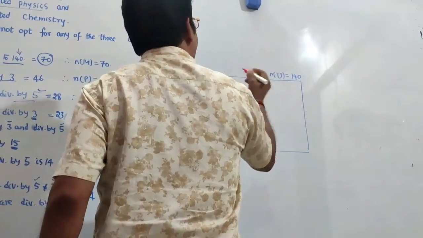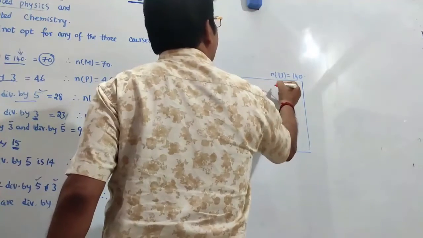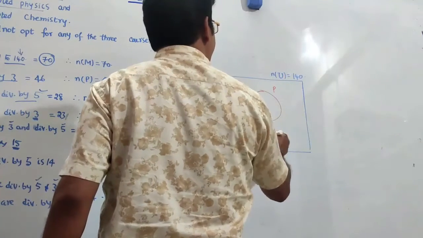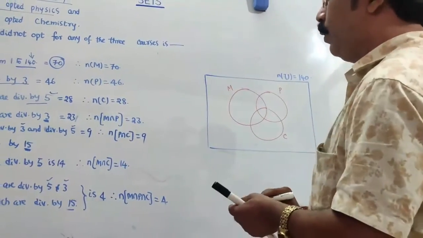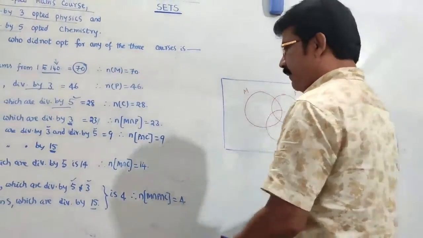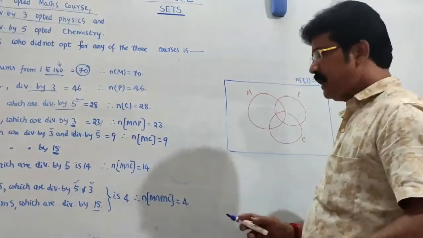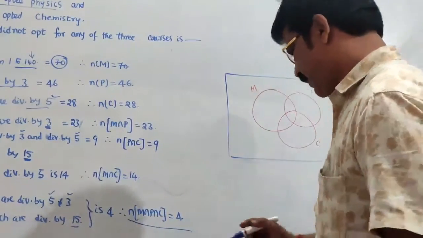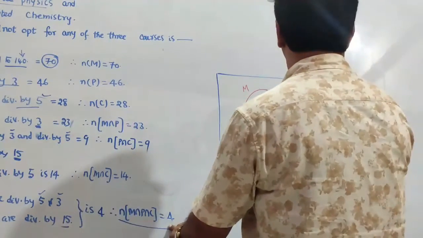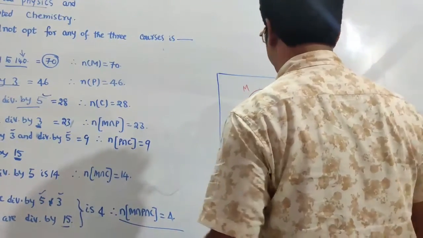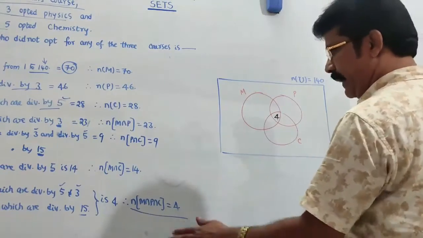This is mathematics, physics, chemistry. MPC. What I said, first we have to fill this intersection part. This area is 4.